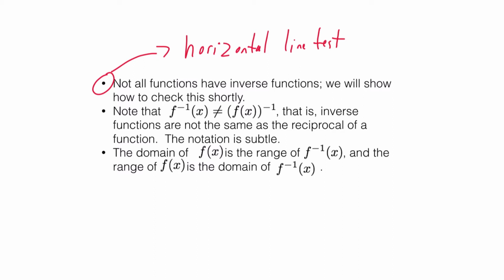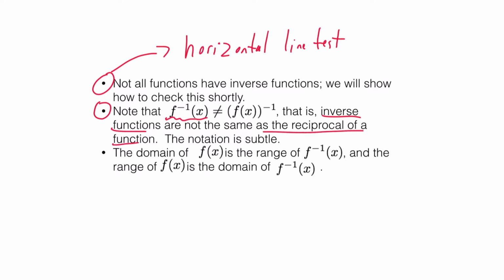Another point, which is more notational, is simply that the inverse function of f is not the same as 1 over f. That is certainly tempting, but is not true. That is, inverse functions are not the same as the reciprocal of functions.